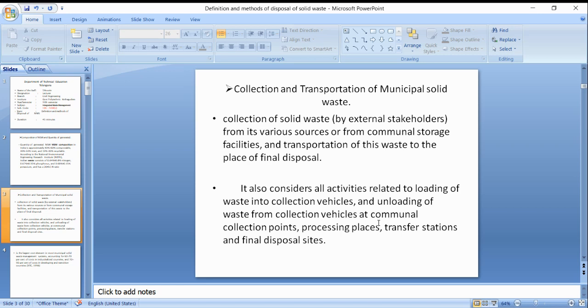It also considers all activities related to loading of waste into collection vehicles and unloading of waste from the collection vehicles at a communal collection point.